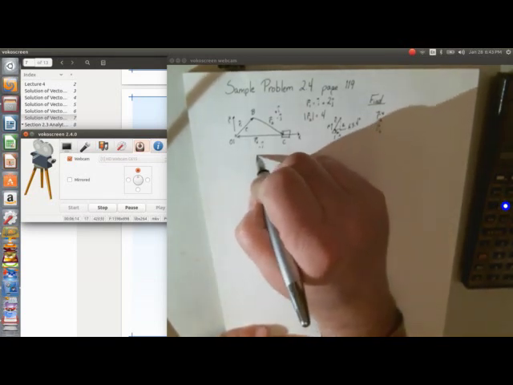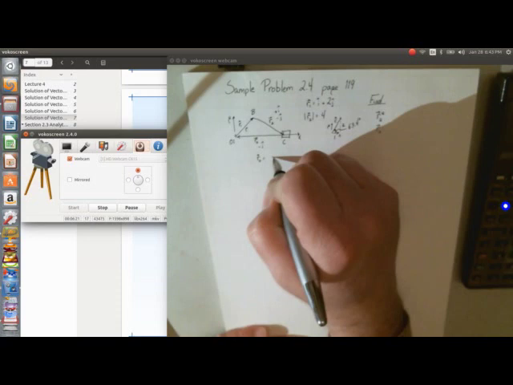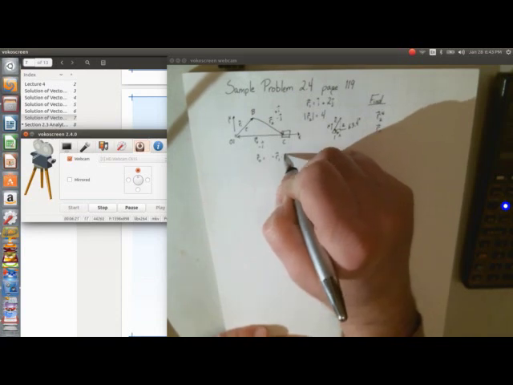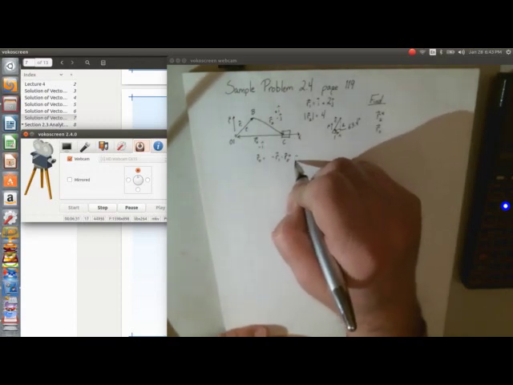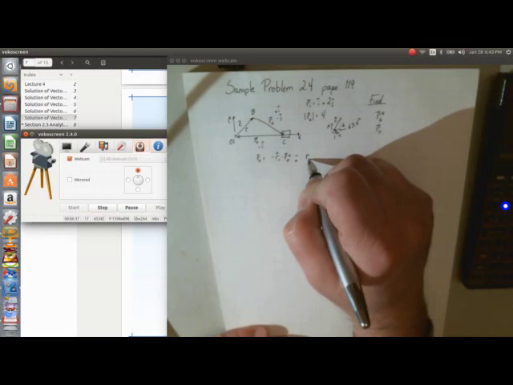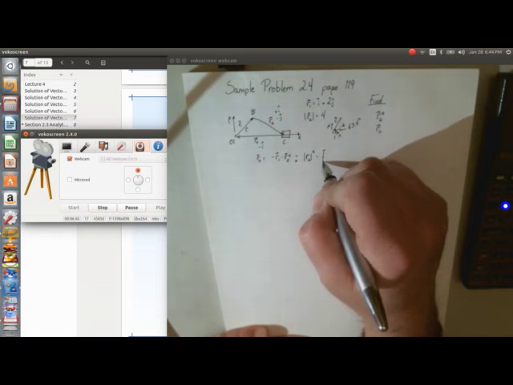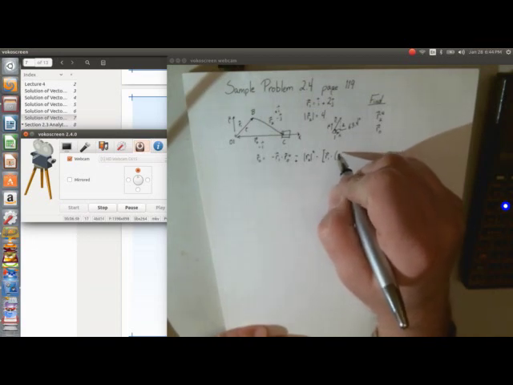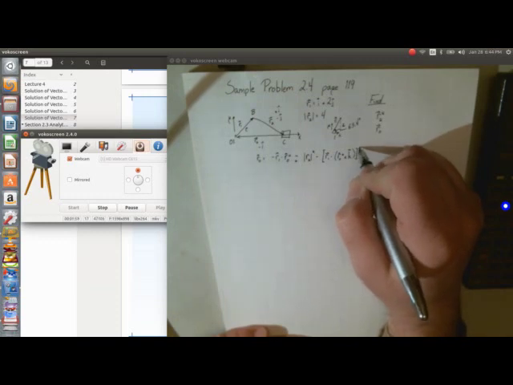I can say that r sub 0 is equal to negative r sub 1 times the unit vector of r sub 0, minus plus the square root of r sub 2 squared minus r sub 1 times r sub 0 unit cross k, squared.